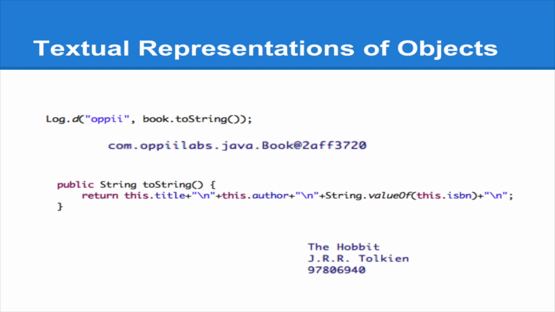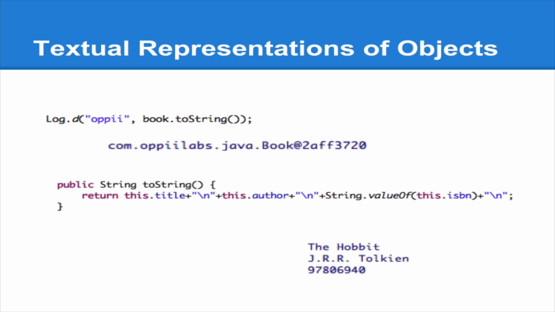I'm now logging my new book. As you can see, when I try and log my object, all I get out is the memory address of where the object is stored. If I want to display the contents of my object, I need to override a special method called toString.